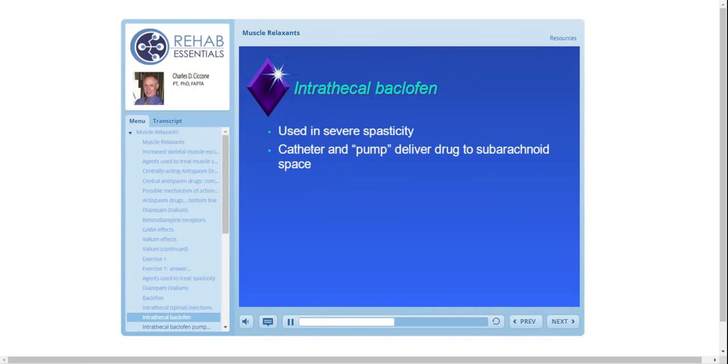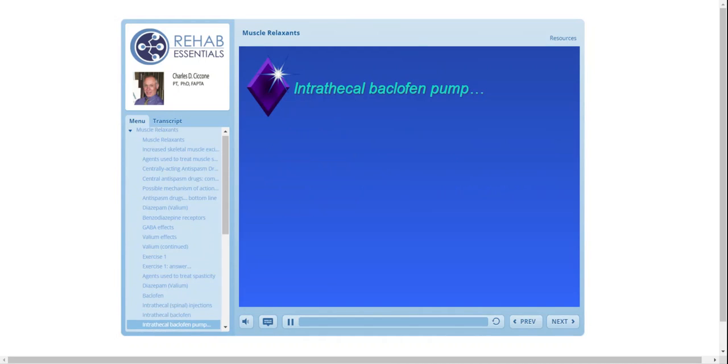If so, and if this person responds well to the trial injections I was describing, a catheter with a pump system is usually implanted surgically to deliver the drug into the subarachnoid space. The goal being to decrease the spasticity with less drug, and therefore less side effects.